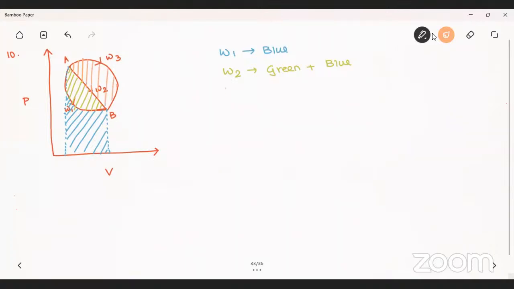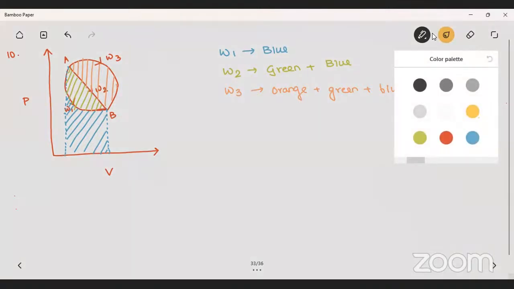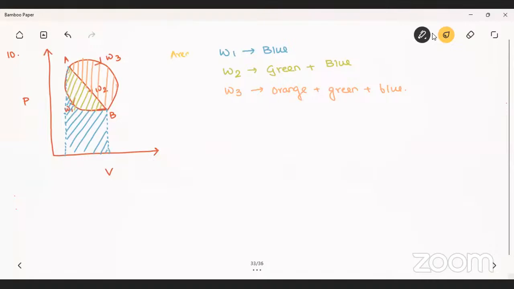What is W3? OGB. Orange plus green plus blue. So this is the area under. Area under. Area under. So which has the maximum area? W3. Yeah.